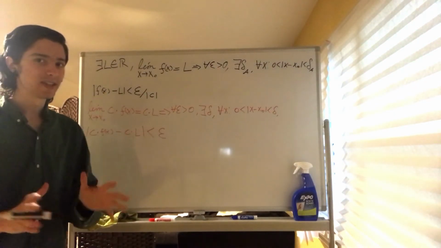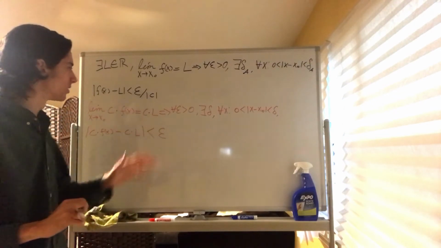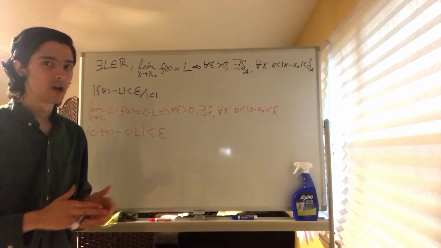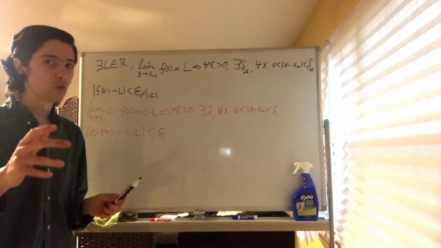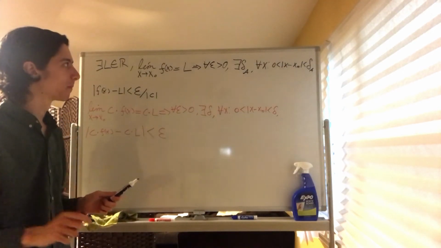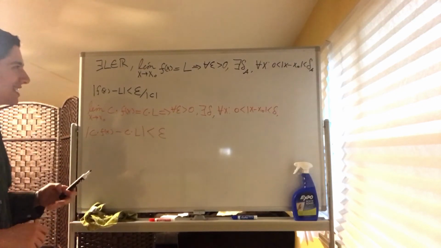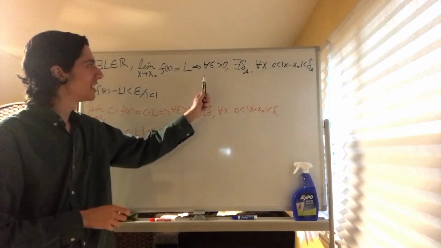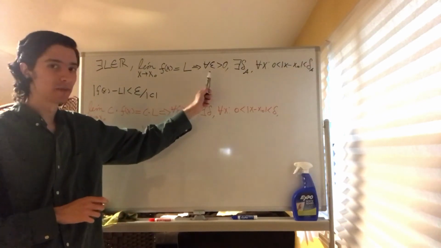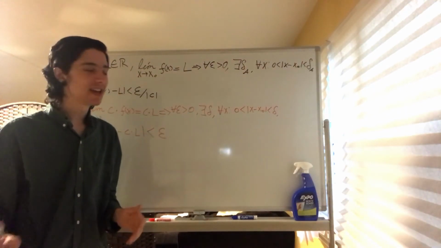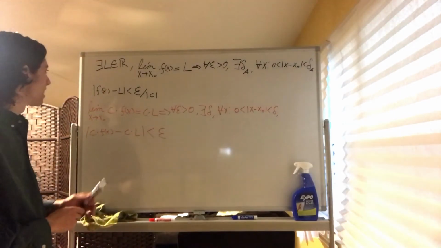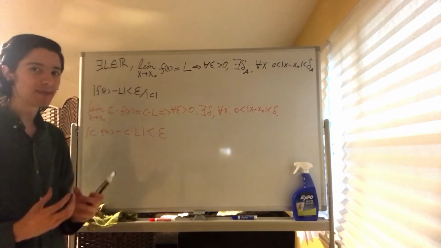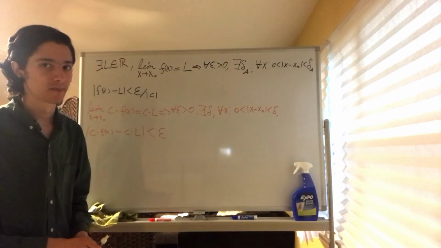Now, if you saw my previous video and you're saying, doesn't this contradict the definition of a limit that I said before? Well, we have to think about what epsilon represents. Epsilon isn't just one number, but it's any positive real number. Which means that f of x minus L should be less than any positive real number.